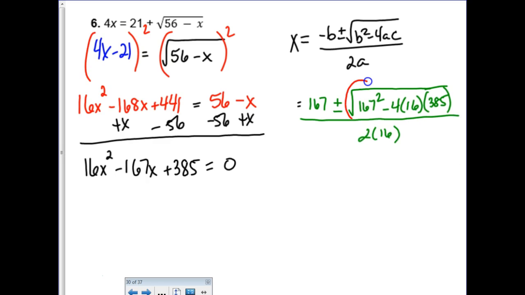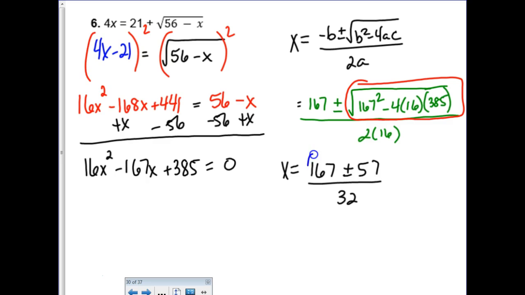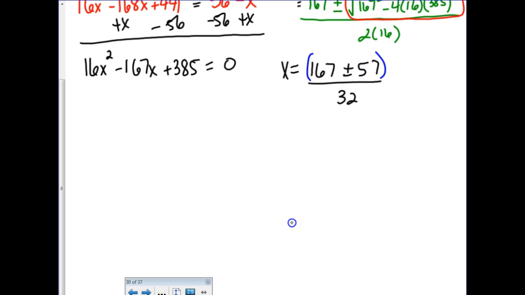Now, just because I just did this problem with first hour, I figured out that that comes out pretty nice. Can you guys go ahead and take the square root of your discriminant? Comes out pretty nice, actually. Beautiful. 57, yeah. So x is 167 plus or minus 57 all over 32. Okay, PreCalc, you're better than this. You can give me your two answers, right? What's 167 plus 57, quantity divided by 32?